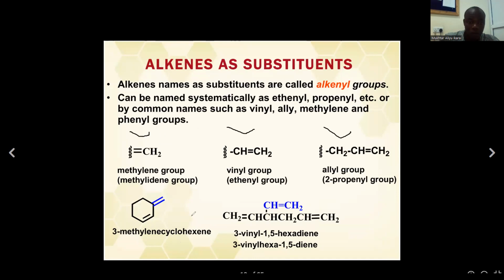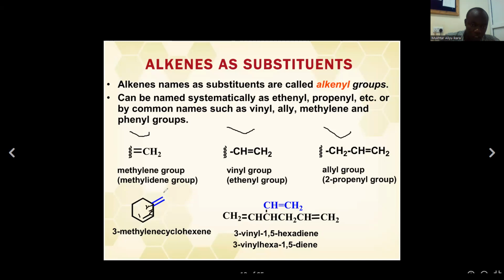And we also have 2-methylenecyclohexene. You see, look at it here, because we have a single carbon with a double bond at position 3. Normally, if you want to number this as a cyclic, you name this one 1, and this is 2, and you count this as 3.